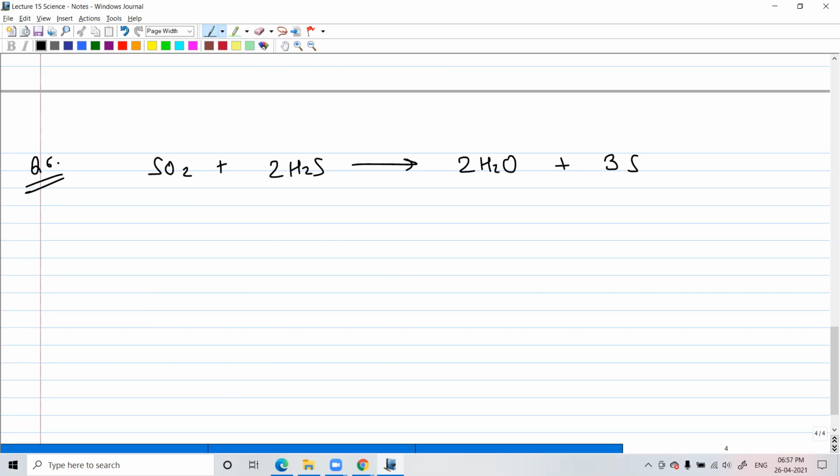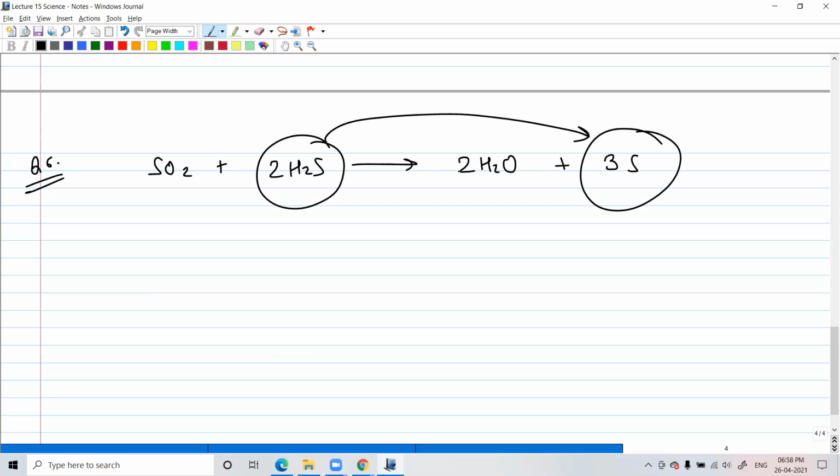Is that correct? Removal of hydrogen, sir. Okay, earlier it was H2S, and here it is only sulfur. So hydrogen got removed over here. So that is oxidized, sir.